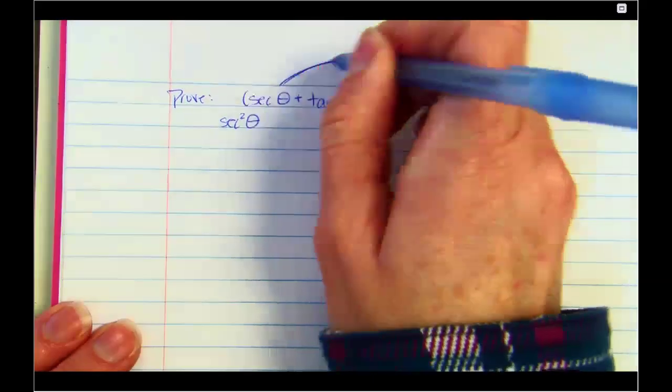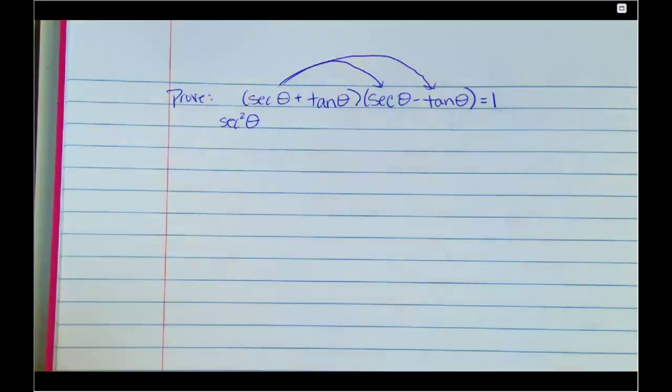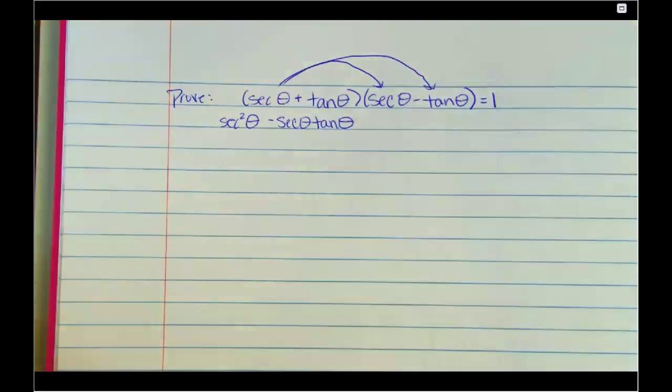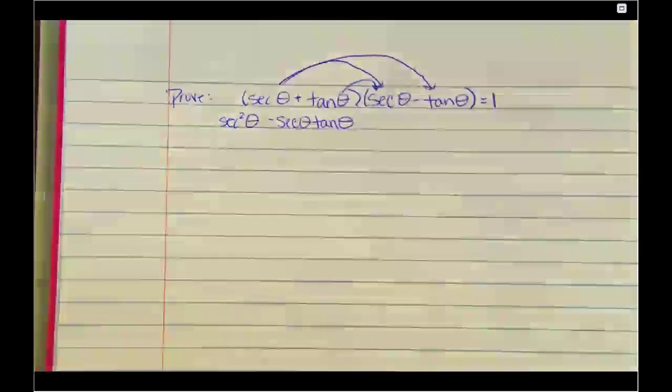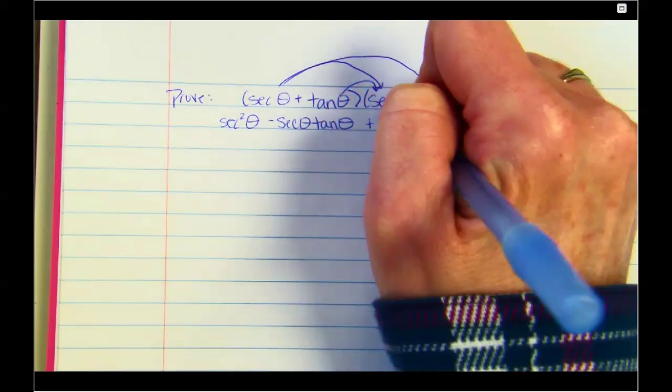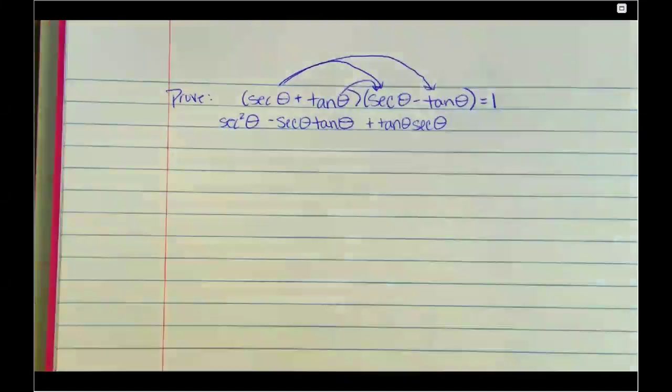When you multiply these guys together, you literally just smush them together. So this is minus secant theta times the tangent theta. The negative should go in the front because that's how you do it. And then do this guy. This is tangent times secant, so that is what it is. Hang on. Don't you steal anybody's learning moment. Why is it minus secant?